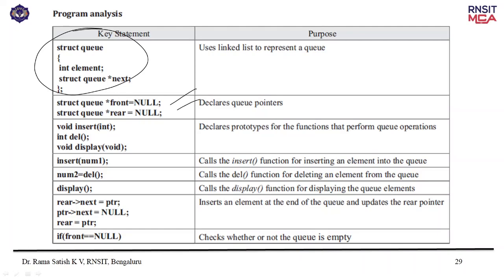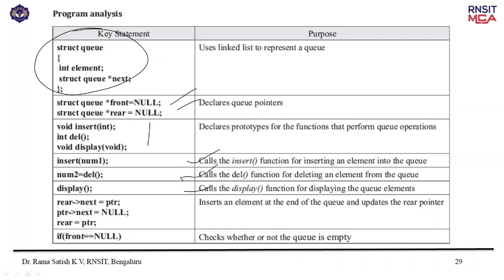They point to null, and there are 3 functions: insert, del, and display. Insert, if you pass number 1, it will insert the value. The del function will delete, and the display function will display values starting from front to rear.